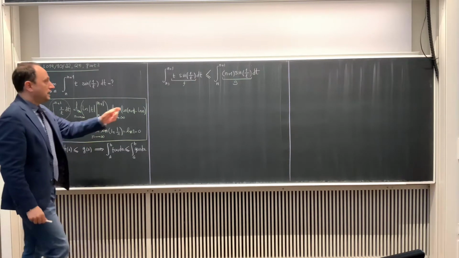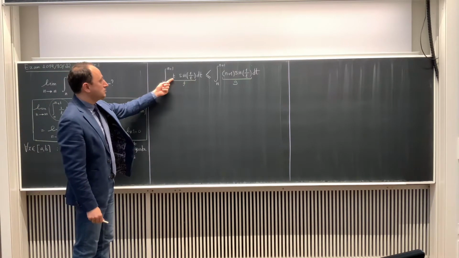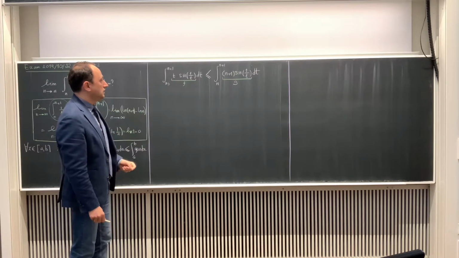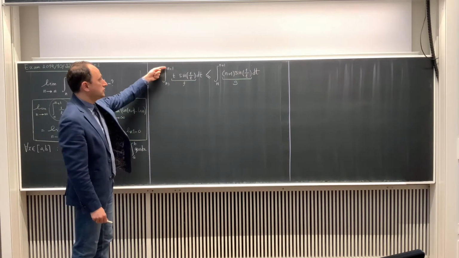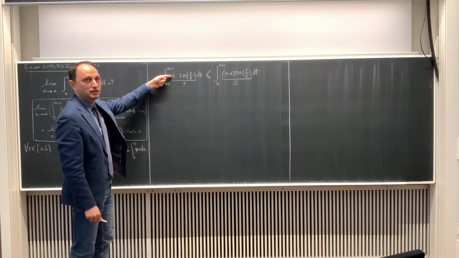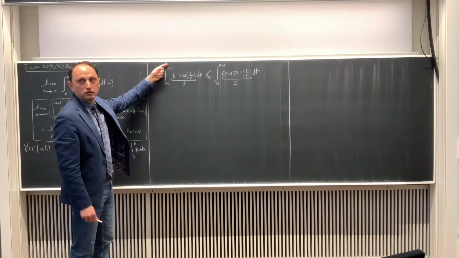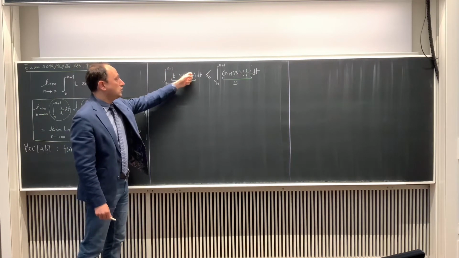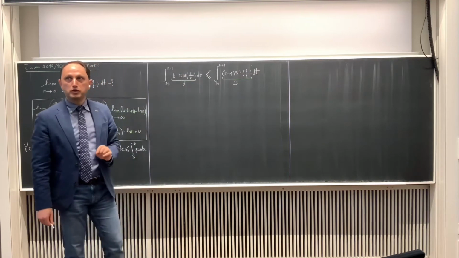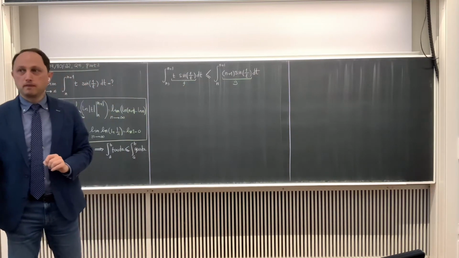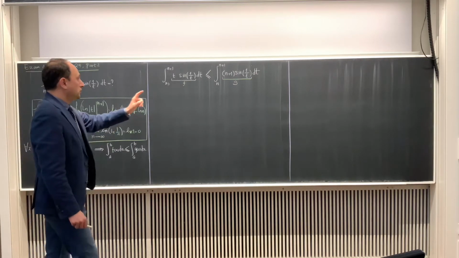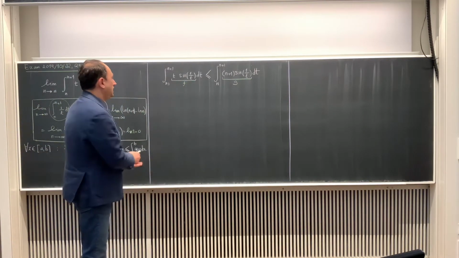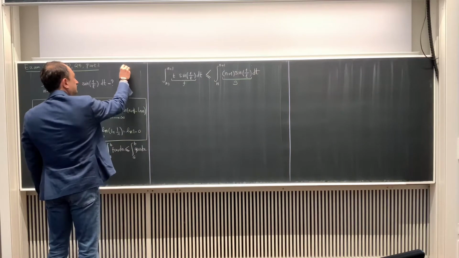If I ask you what is the maximum value of t, because t goes in this interval, the highest value that t can achieve is n plus 1. And sine of 1 over t is a positive number in this case. Why? Because t is between n and n plus 1.